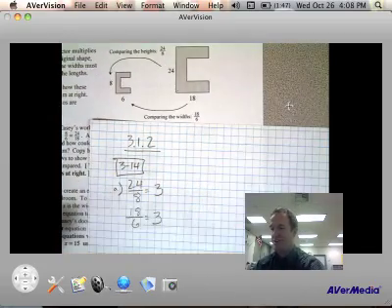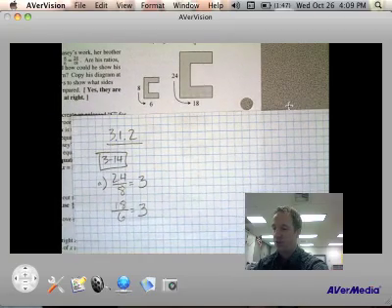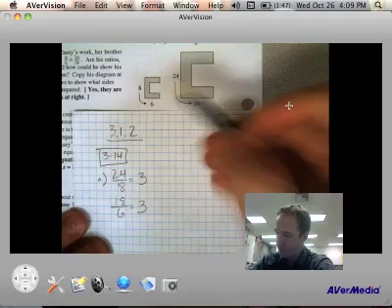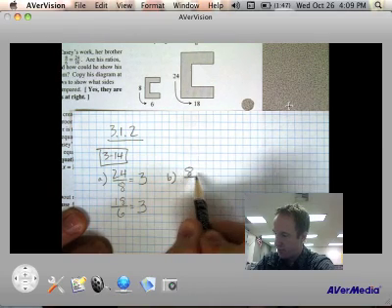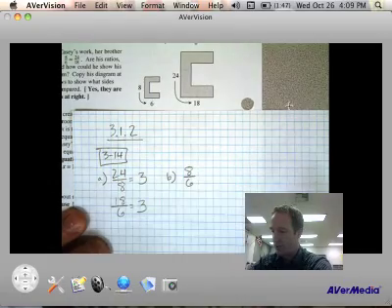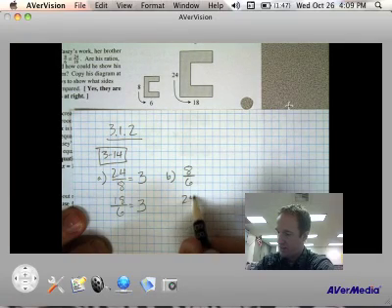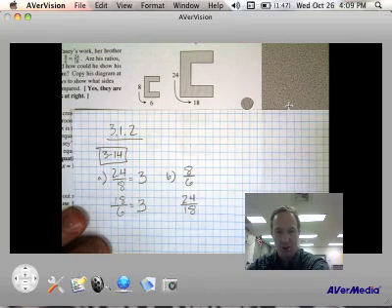Let's take a look at another way we can compare the dimensions. We can also compare the height to the width. Height over width. I did height over width for the smaller one, so I have to make sure we do height over width for the other one as well.